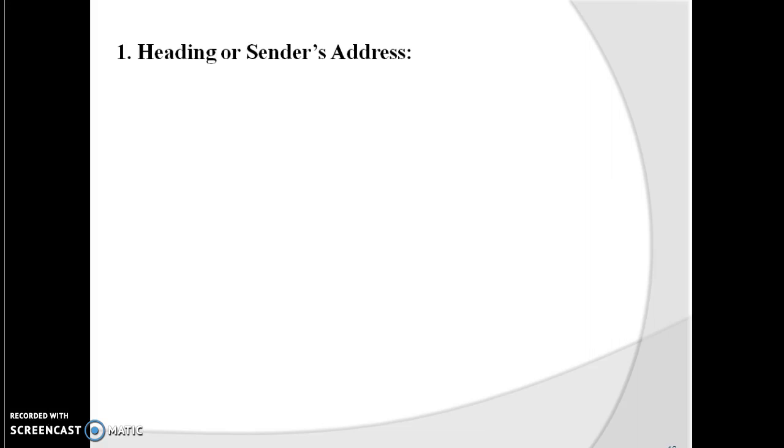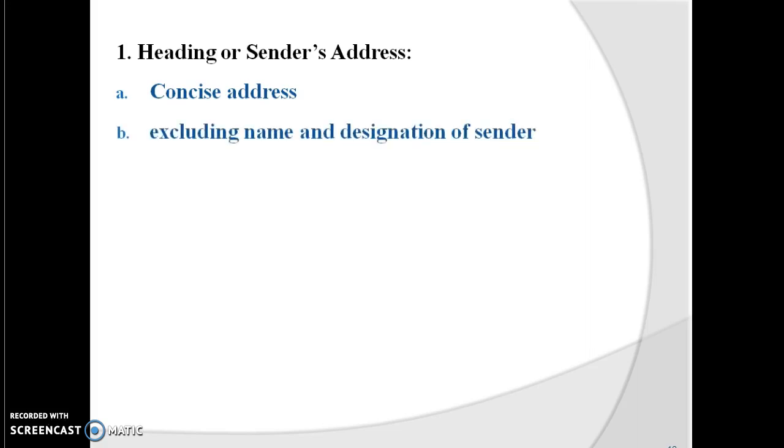But if you're writing it on a letterhead, then you don't need to include the sender's address as it is actually printed on the letterhead itself. Now, when you are writing a sender's address, it should include a concise address of the sender, plus you should keep in mind not to include the name and the designation of the sender.